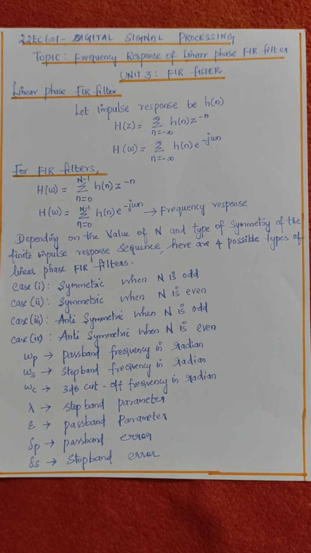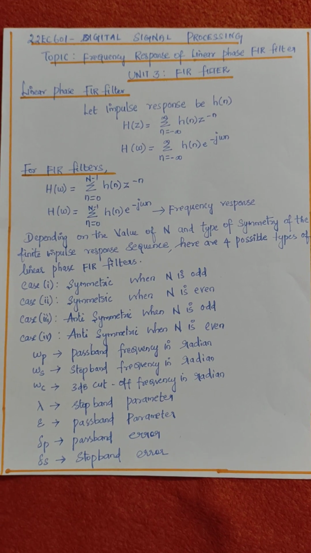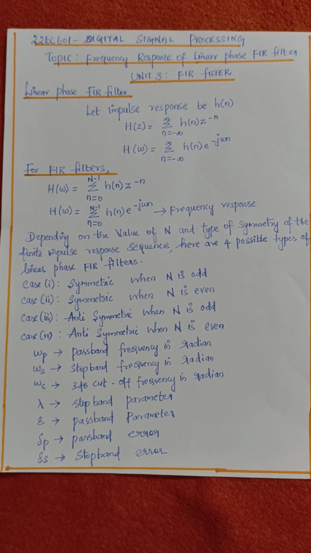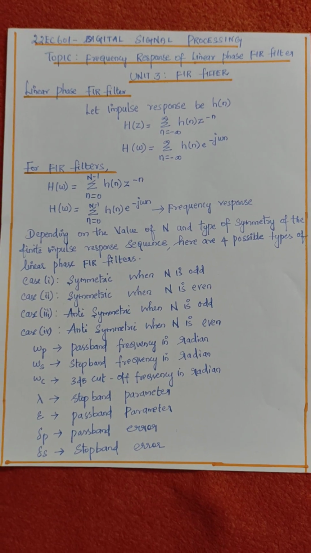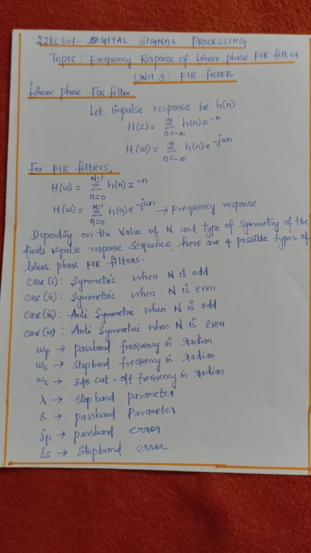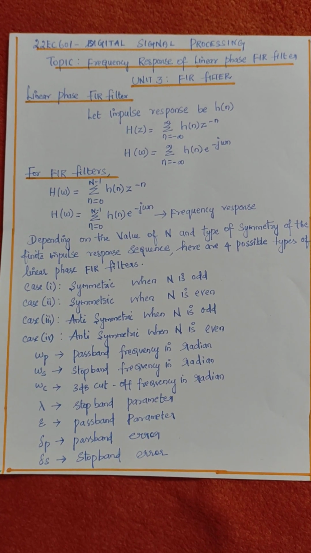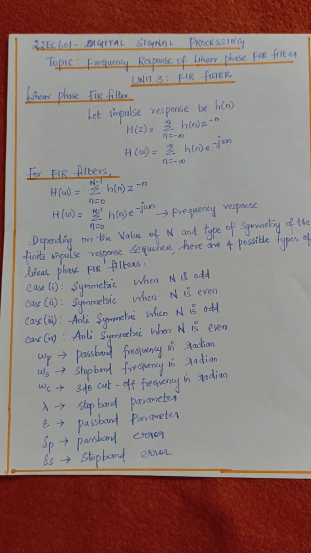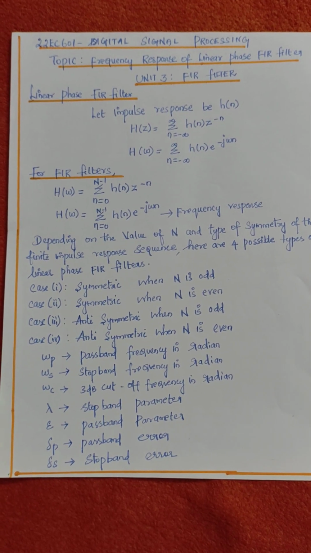Depending on the value of capital N and the type of symmetry of the impulse response, that is called the FIR sequence. Here, there are 4 possible types of linear phase FIR filters. For any FIR filter, H of omega equal to summation n equal to 0 to N minus 1 h of n z power minus n. Replacing z as in the discrete time Fourier transform, it becomes e power minus j omega n.